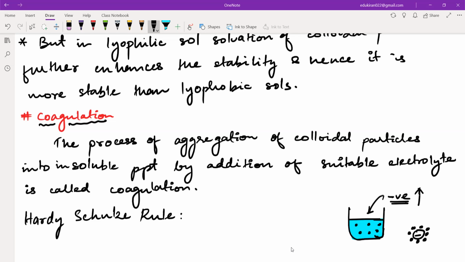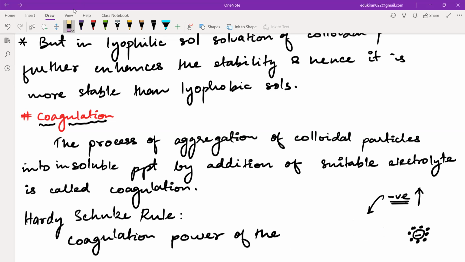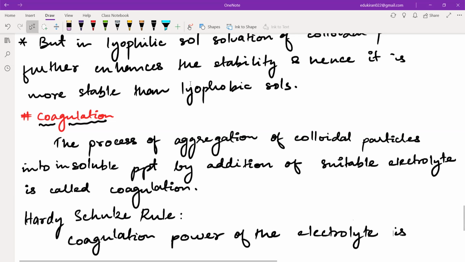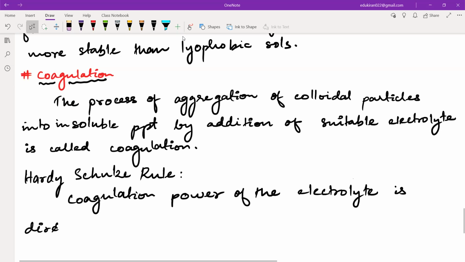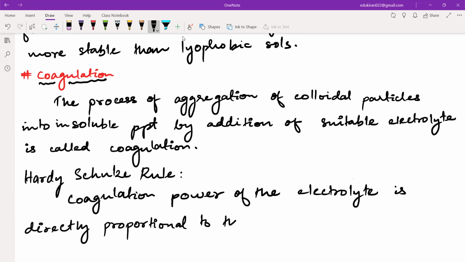So what does it say? It says that the coagulation power of the electrolyte is directly proportional to the valency of ions, or we can also say the charge on ions.